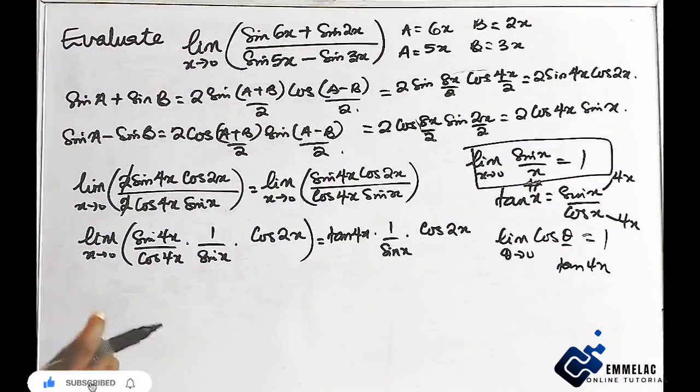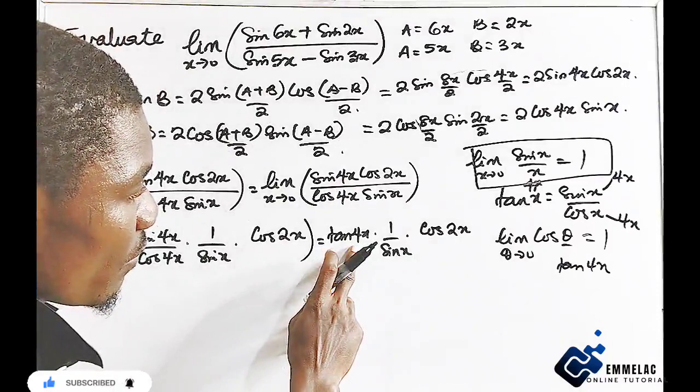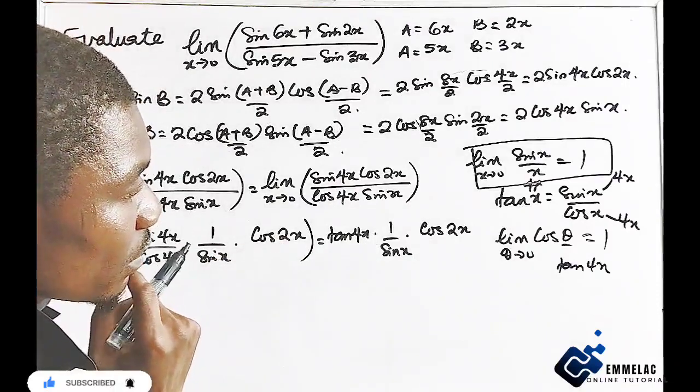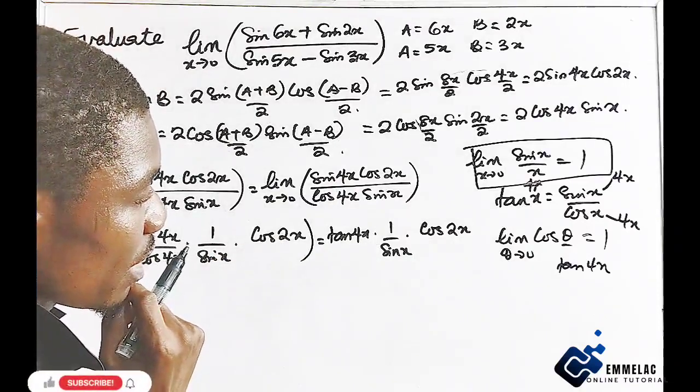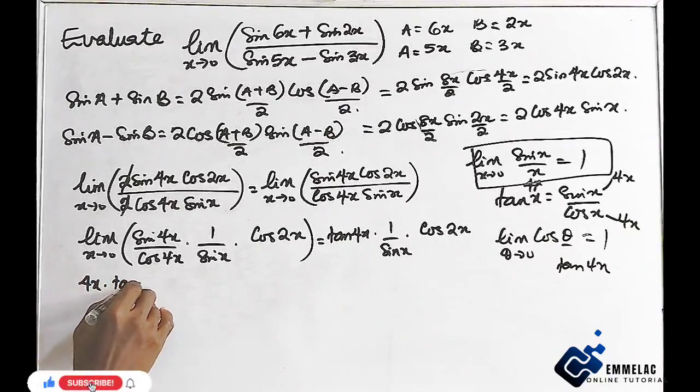Since here we have 4x, let us multiply by 4x, so this is 4x times tan 4x divided by 4x.